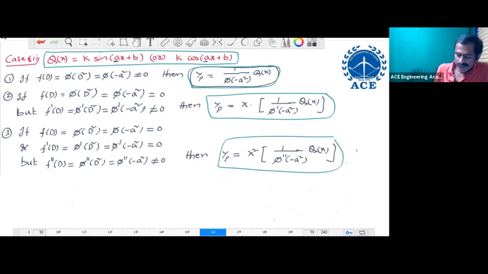Suppose this is also 0, we go to the next derivative and so on. We continue like this.